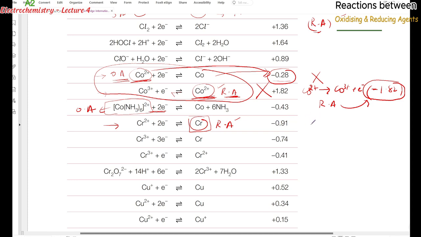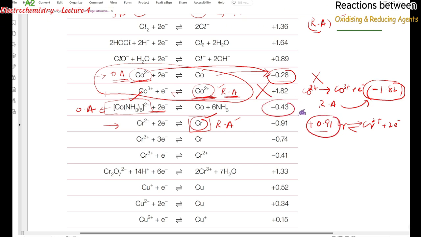That is positive 0.91. I have to flip this equation because, as these two are the reactants, now it is going to react with simple chromium. So I will have to flip this equation, and chromium goes to chromium 2 positive ion plus 2 electrons, and the value is positive.